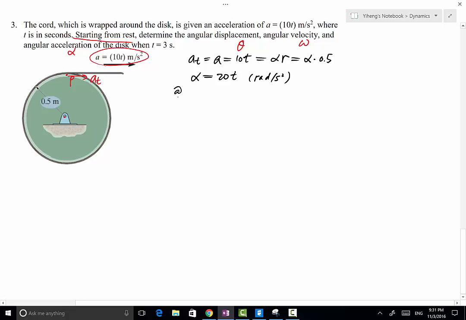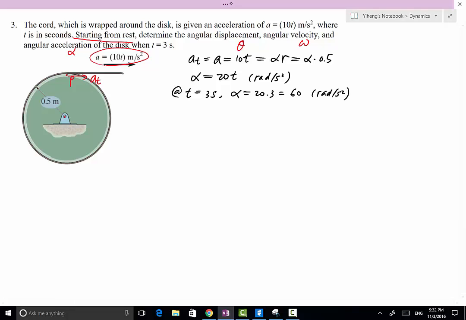Therefore, at t equals 3 seconds, we can evaluate alpha to be 20 times 3, and that is 60 radian per second squared. So that answers the first part of the problem.